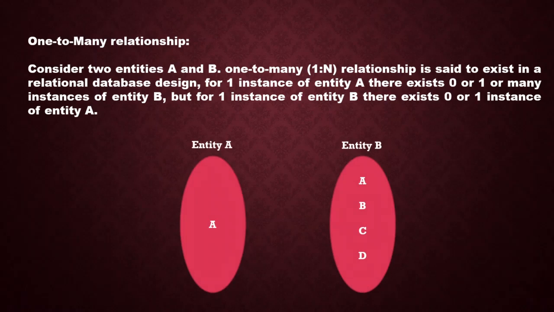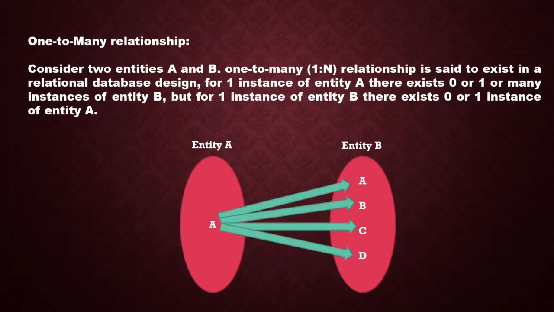Here, the entity 1 database or entity A database has an entity A, and the entity B database has the entities A, B, C, and D. So the entity A is related with the entities A, B, and C, D of the second database.